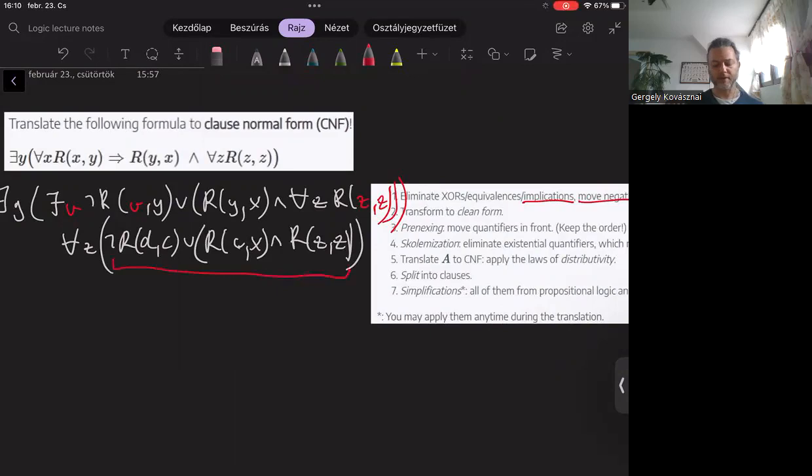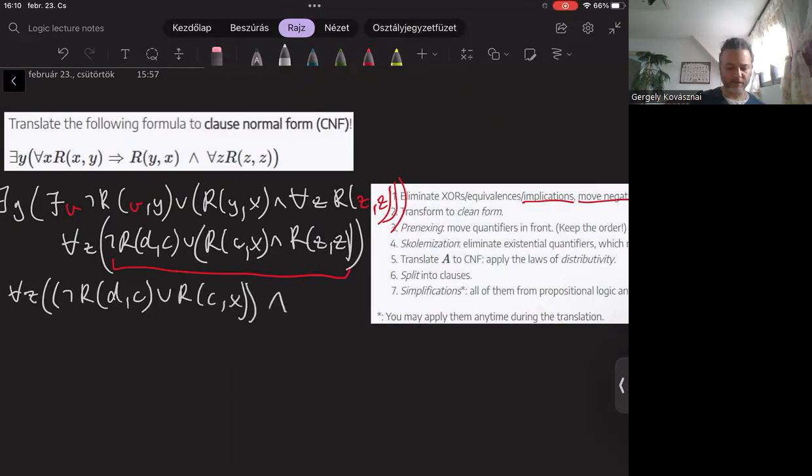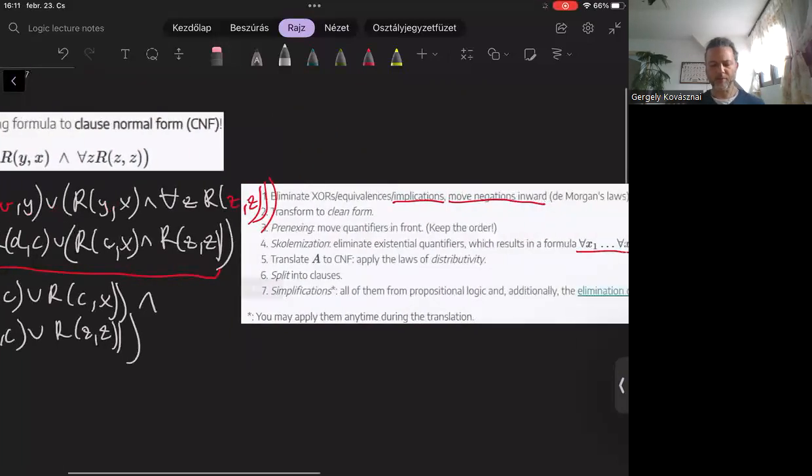This is what we need to translate to CNF by applying the laws of distributivity. So this is what we get: for all z, and then the first clause is going to be R(d, c) or R(c, x), and the other clause is not R(d, c) or R(z, z). Okay, this formula is already in CNF, but not really, because we have one more duty.